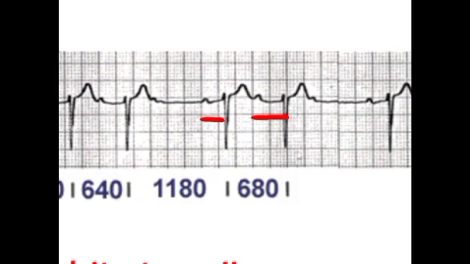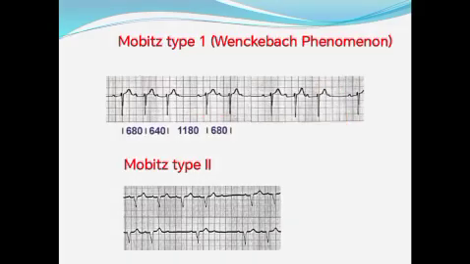And in the third, we have a drop. We have a P wave, but it's a non-conducted P wave. There is no QRS complex here, where there should be one. So this is a progressive prolongation of the PR interval, then a drop. There is a P wave but no QRS, so there is no conduction in the third. The PR interval begins normally, then prolongs progressively, then there is a dropped QRS complex.